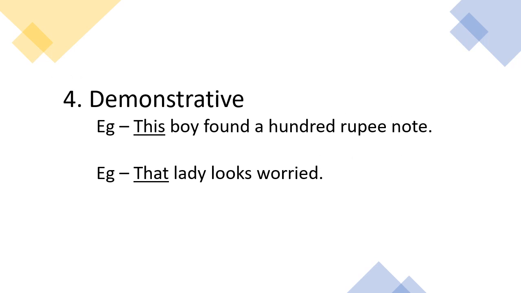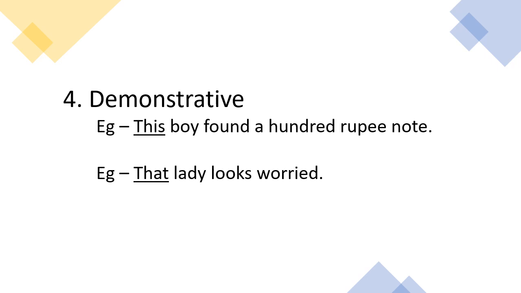Next we have demonstrative adjectives. In order to understand demonstrative adjectives, it identifies a noun or pronoun expressing its position as far or near. Okay? So in order to understand that, let us look at the example. This boy found a 100 rupee note. In this sentence, it talks about a particular boy.